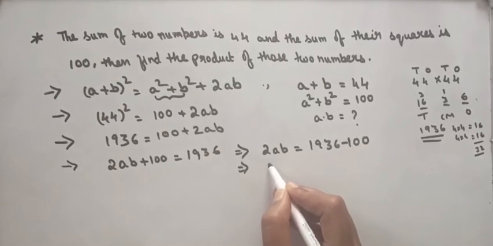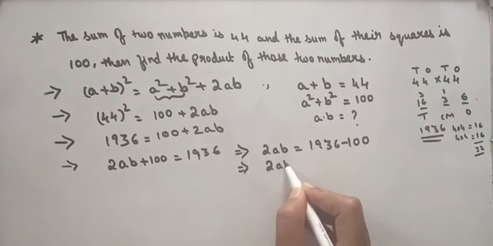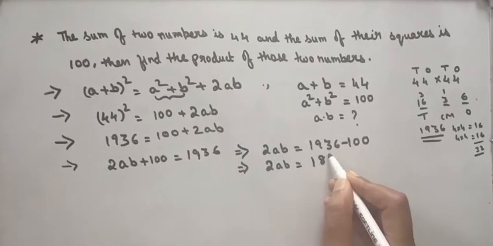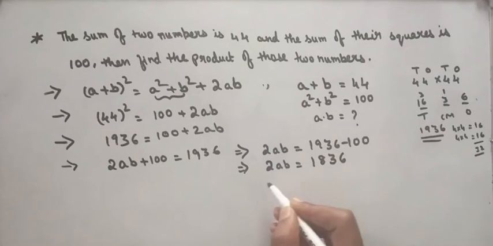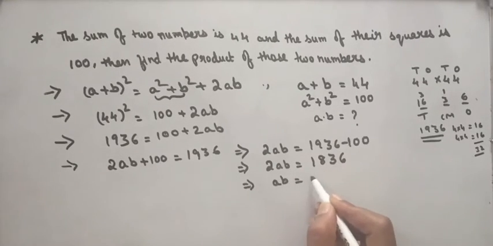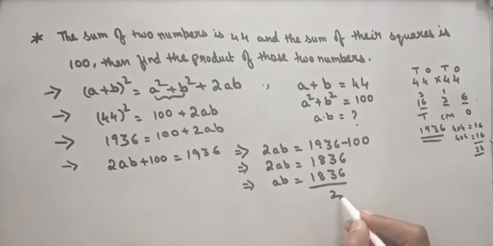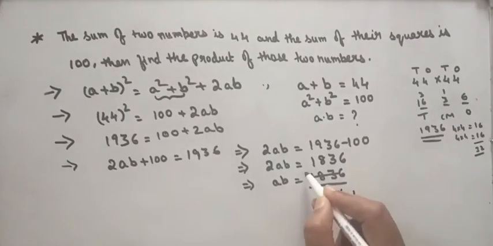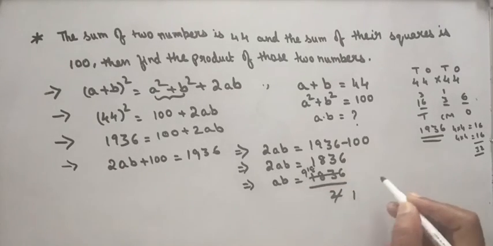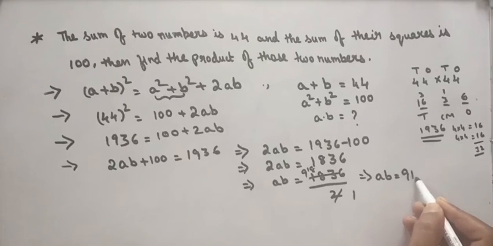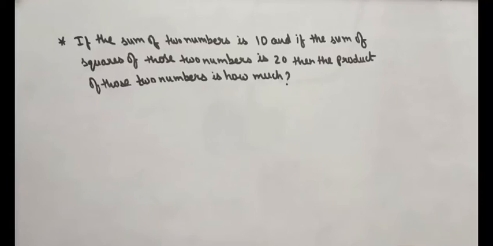Now 2AB equals to 1936 minus 100 is nothing but 1836. Alright. Now if this 2 goes this side, it will be 1836 divided by 2. 2 ones are 2, 2 nines are 18, 2 eights are 16. So AB equals to 918.